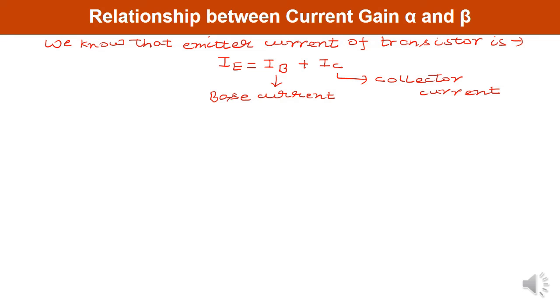Now let us derive a relationship between the current gains alpha and beta. Alpha is the current gain for the common base configuration and beta is the current gain for the common emitter configuration. So to start with, we know that the emitter current can be written as the sum of base current and collector current. So IE is the sum of IB plus IC, equation number 1.